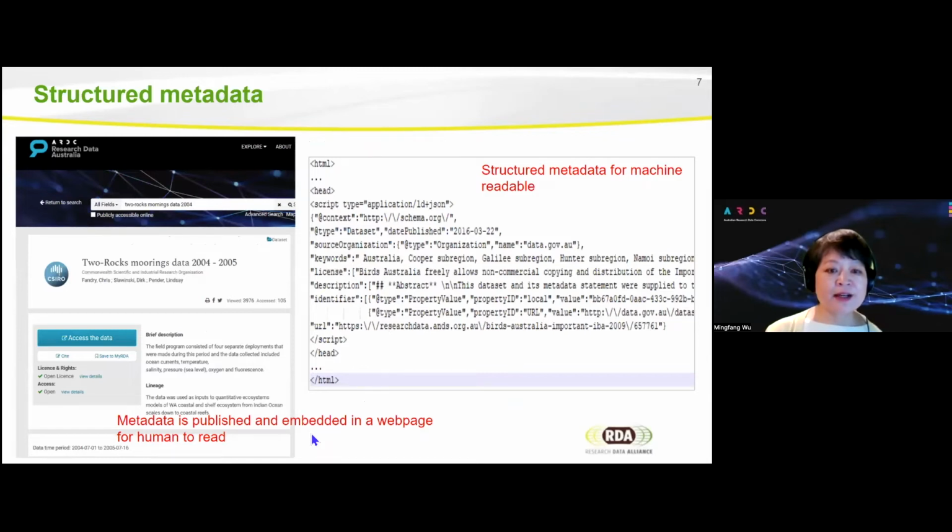On the left side is a landing page of metadata, marked up in HTML text for presenting that metadata for human consumption. On the right side, it encodes the same information as displayed on the left, but marked up in a structured way so machines can read and process it further.